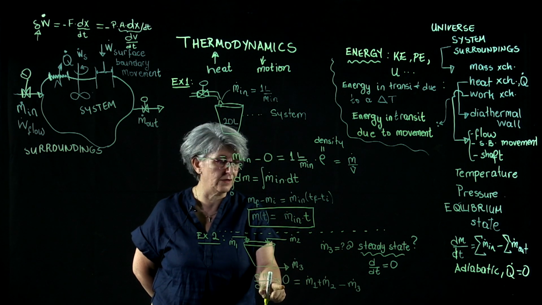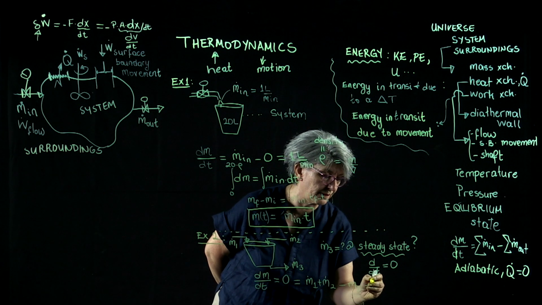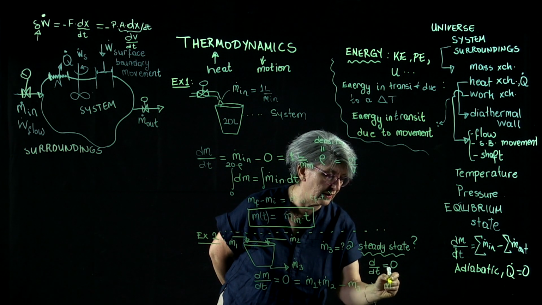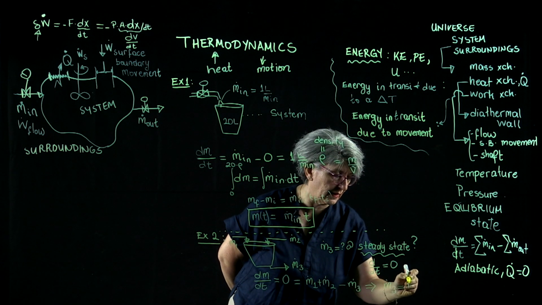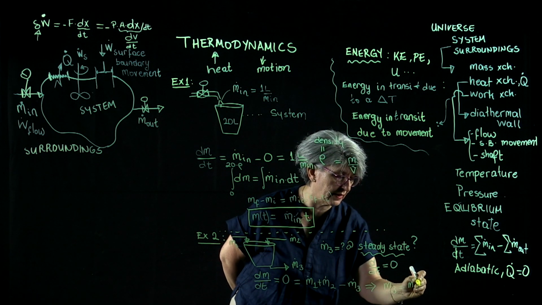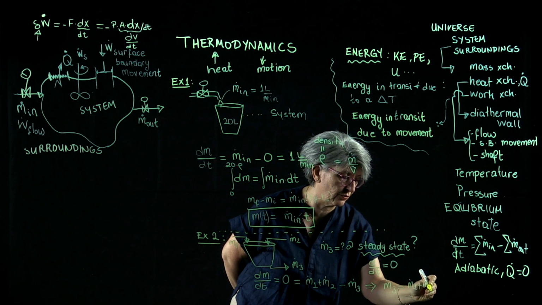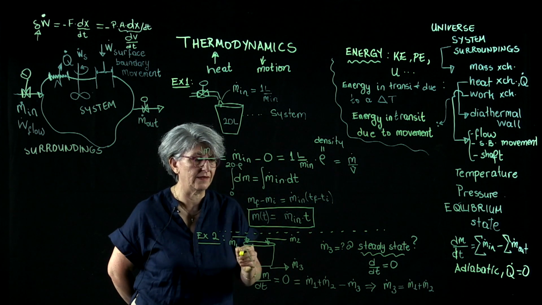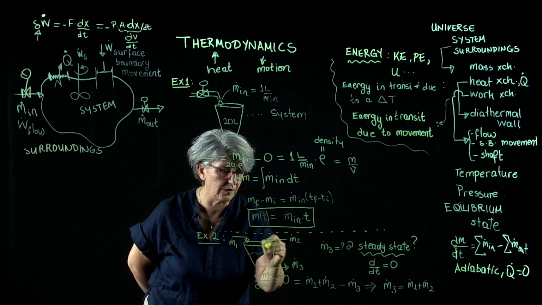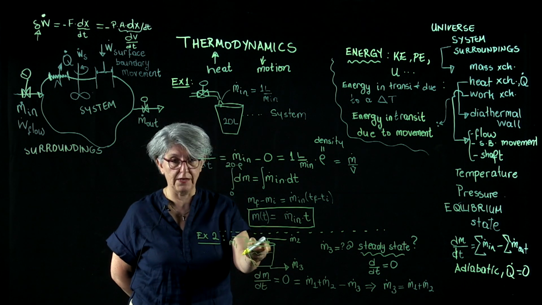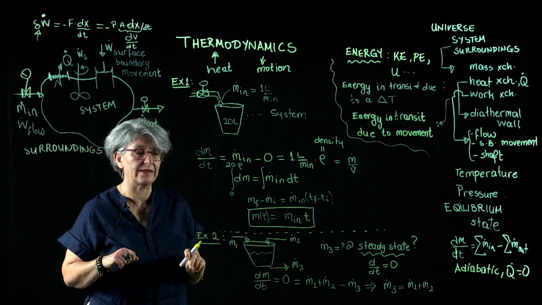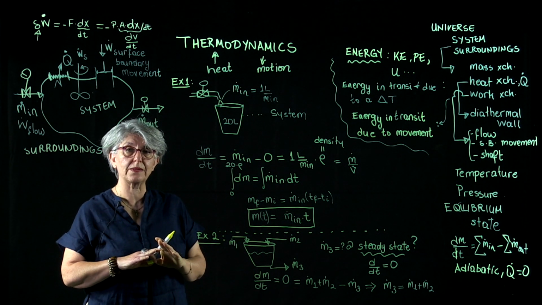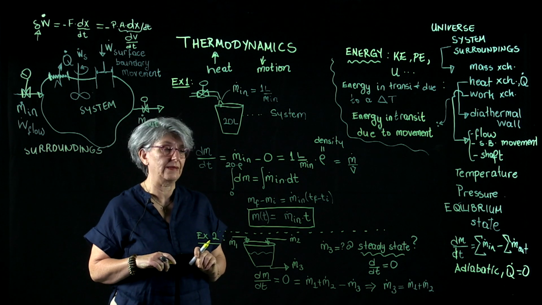Under steady state conditions, m dot 3 must be equal to m dot 1 plus m dot 2, so that the level of the fluid within the system boundary remains the same. Total mass within the system boundary remains the same.